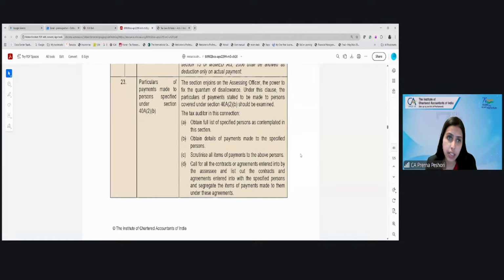Now what is clause 23? Particulars of payment made to persons specified under Section 40A(2)(b).